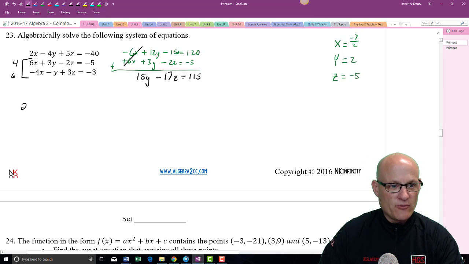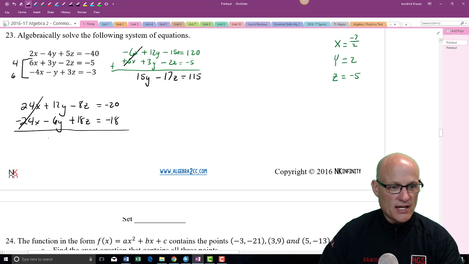So we're going to do 24x plus 12y minus 8z equals negative 20. And negative 24x, notice the x's are going to go now, minus 6y plus 18z equals negative 18. Add them up. These go. I get 6y plus 10z equals negative 38.